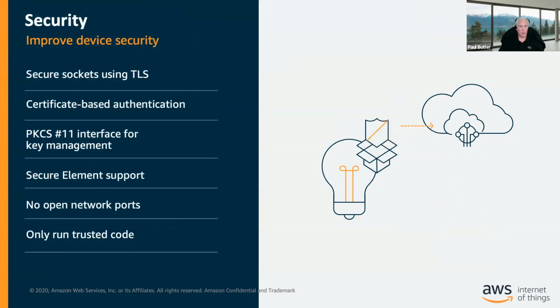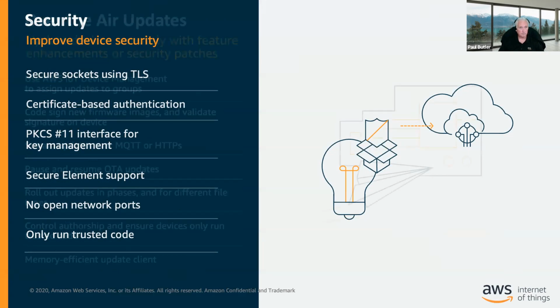Security. One of the things that we'll talk a little bit more about later is PKCS 11. This is a way of taking advantage of security capabilities outside the processor itself by using secure elements. We'll talk about that a little more in a minute.